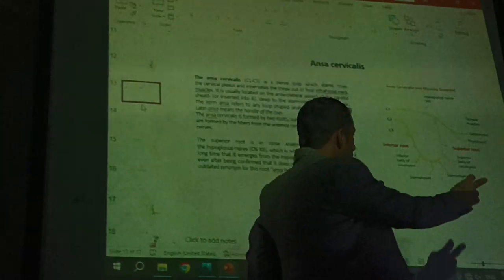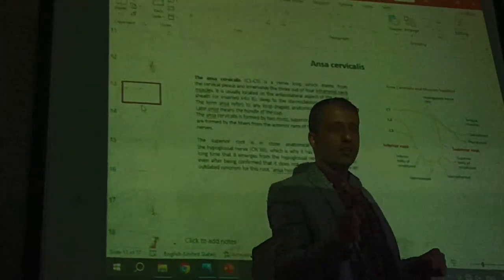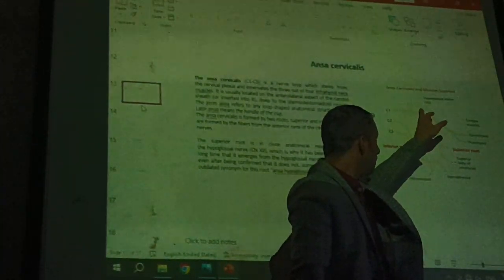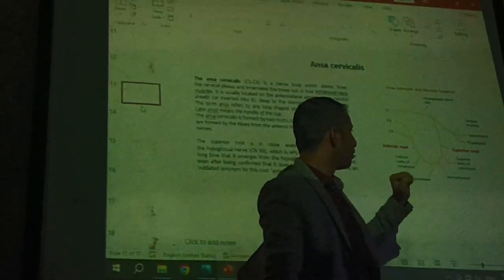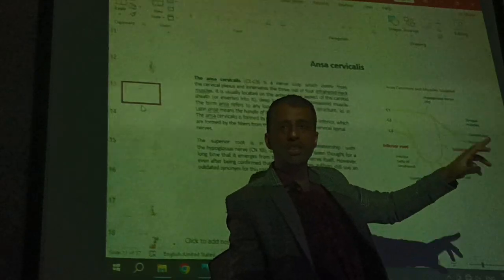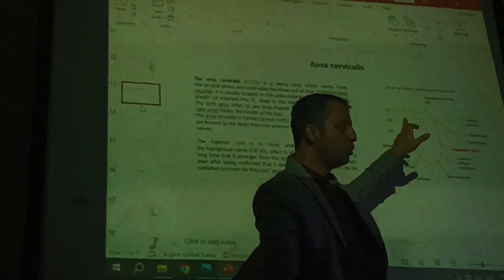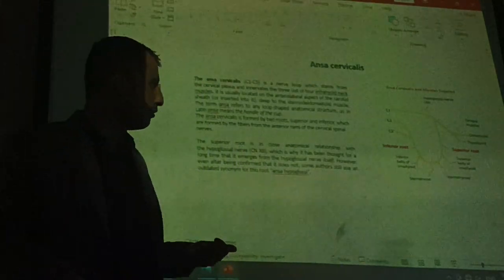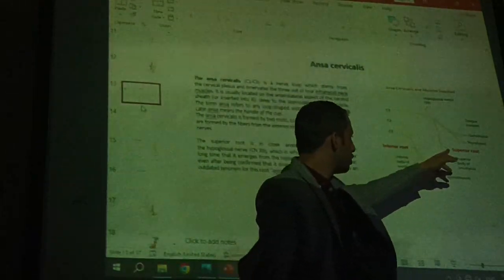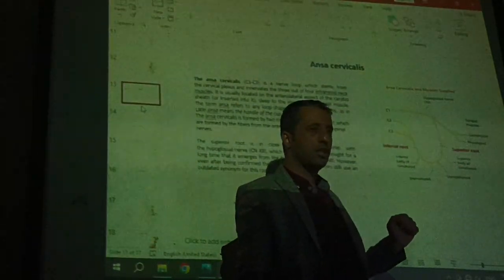Okay. Superior root, I said that. The superior root separates from the hypoglossal nerve and connects to the inferior root. The inferior root is made by the C2 and C3 cervical spinal nerves. These two nerves attach together to make the ansa cervicalis.